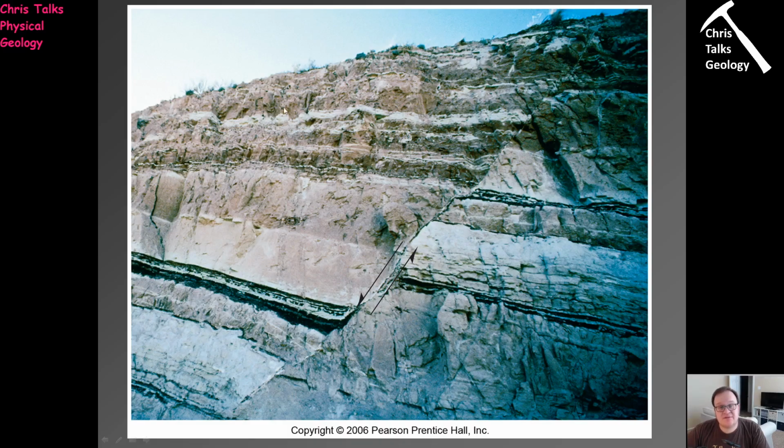So clearly this side of the fault has dropped down relative to this side of the fault. This is our hanging wall, this is our footwall, and the fault plane itself is coming up here like so. You can literally see the fracture in the rock face. So it's a nice easy fault to spot.